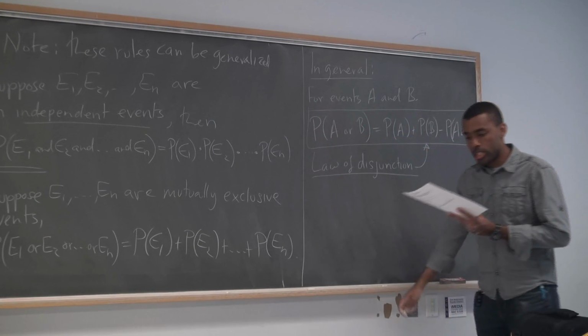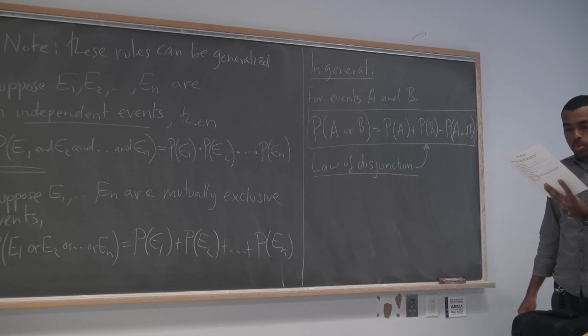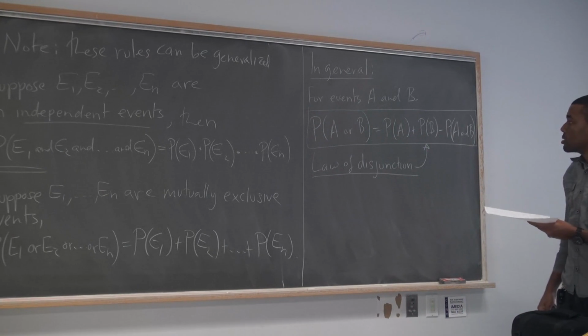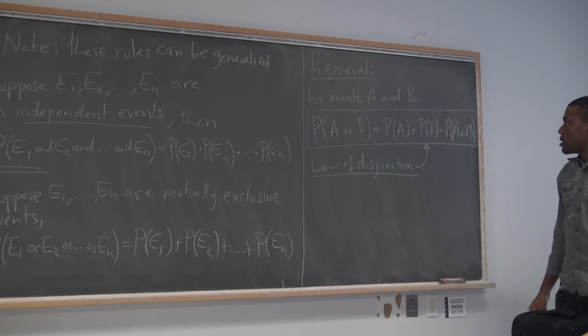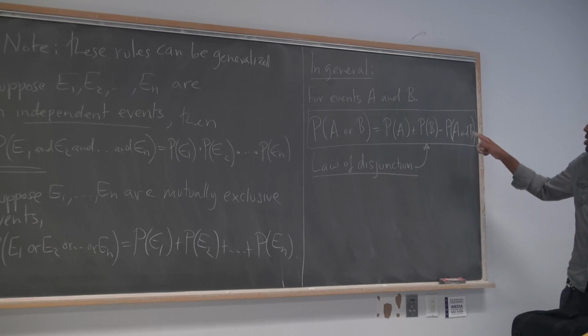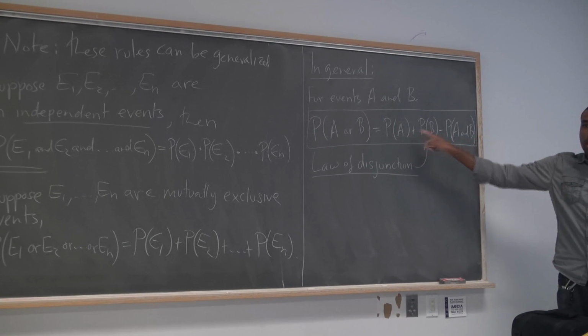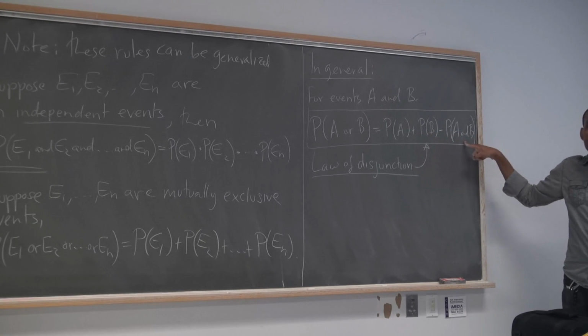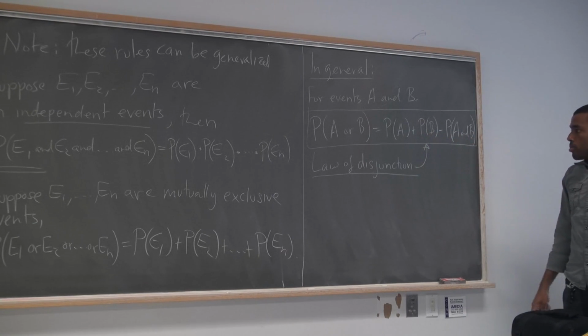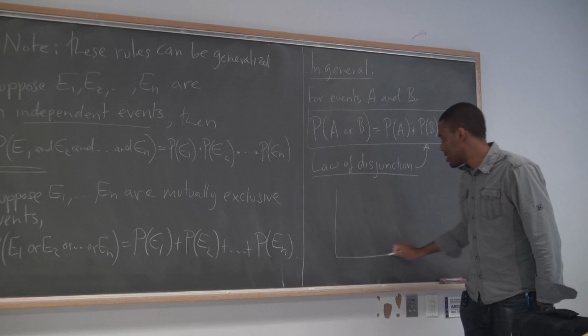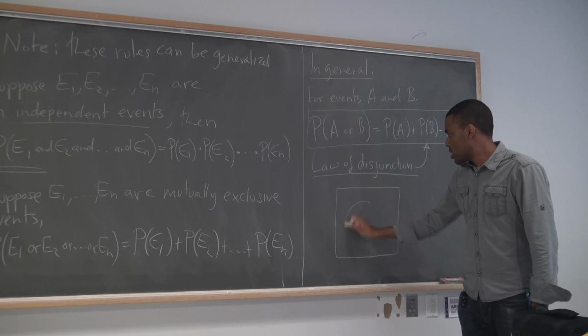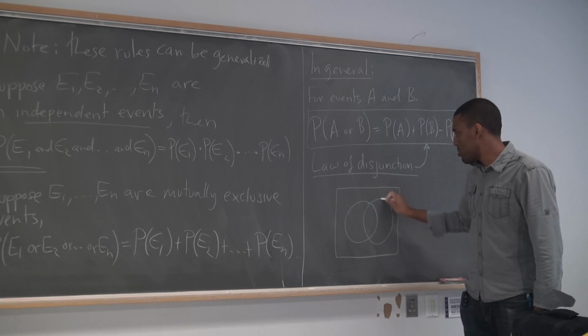This is a general equation. So you can see why for mutually exclusive events you just have to add the ORs, right? Because this guy is 0. Basically the idea is, if you're doing OR, you want to prevent double counting.